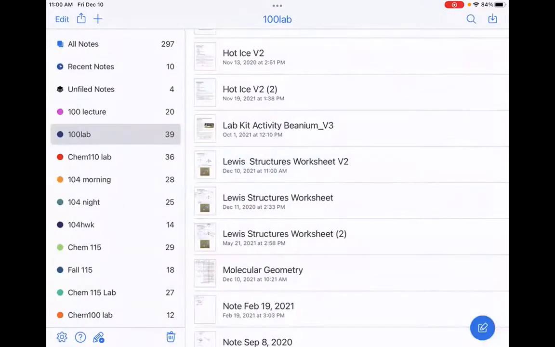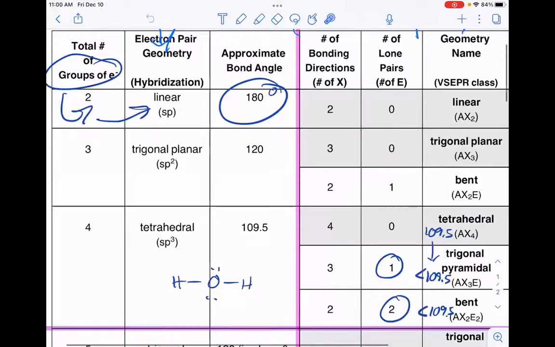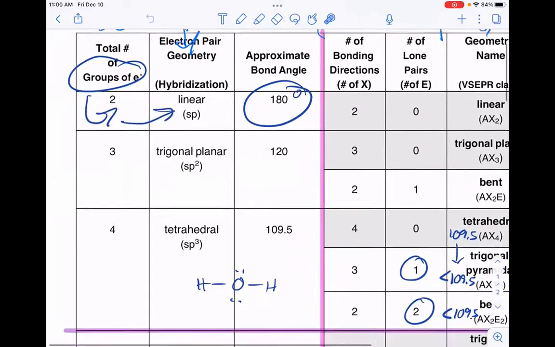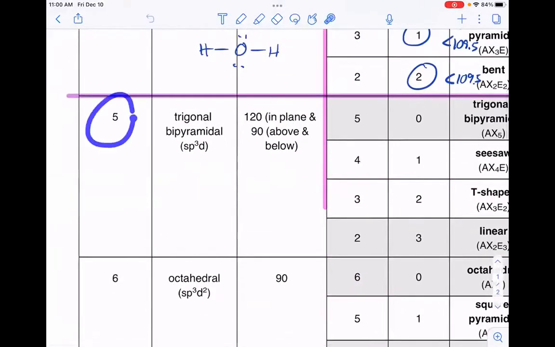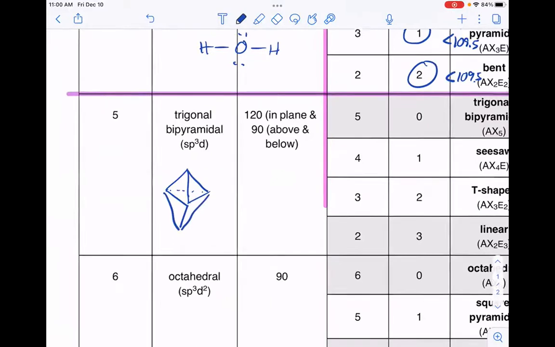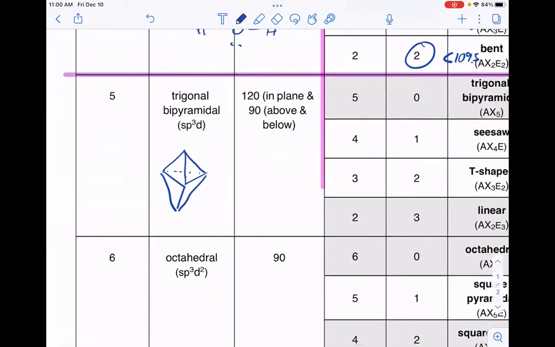If we go back to the molecular geometry, if we have 5 groups of electrons, we're actually in trigonal bipyramidal. So trigonal bipyramidal, the general shape looks like this. It's like a pyramid, but there's 2 of them. Okay, so this is the general shape of trigonal bipyramidal.